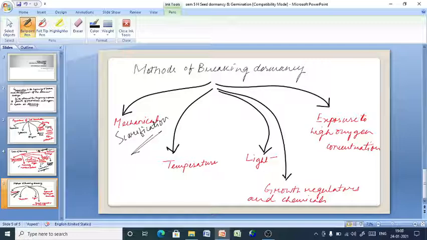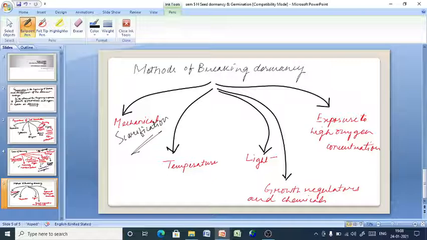So by this process of scarification, we can remove the seed coat in breaking seed dormancy. This method can be successfully adopted for various plants where the seed coats are considerably hard and tough.